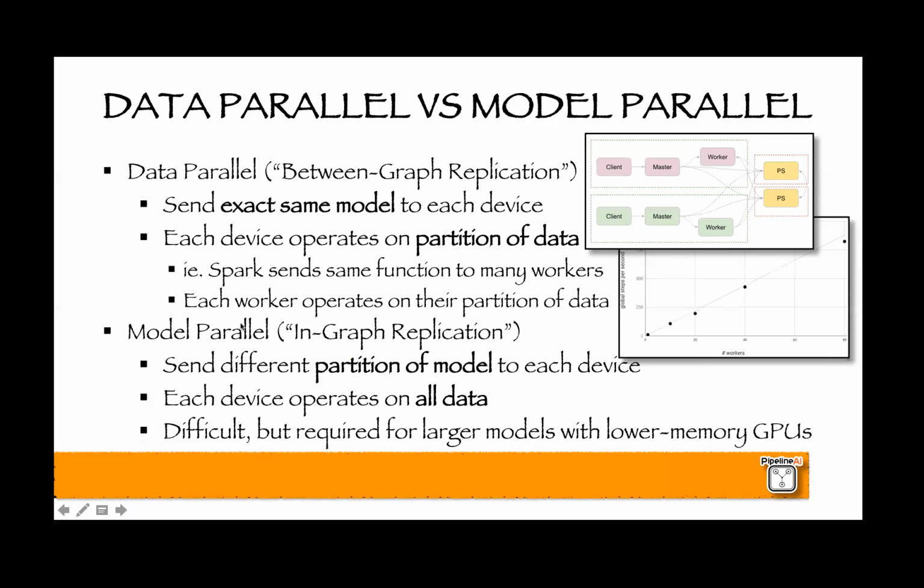With model parallel, each partition of the model has to see all of the data, whereas data parallel has the same model and sees partitions of the data.